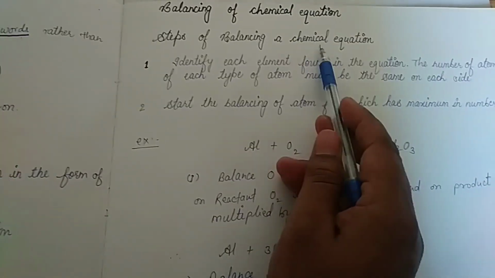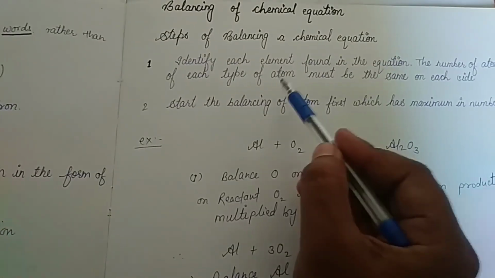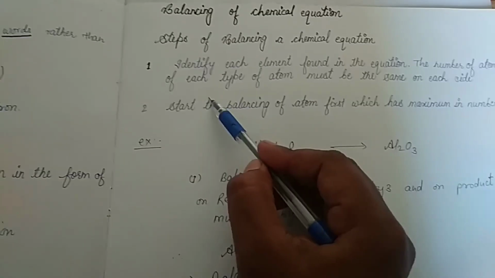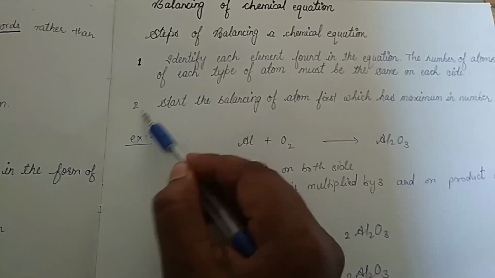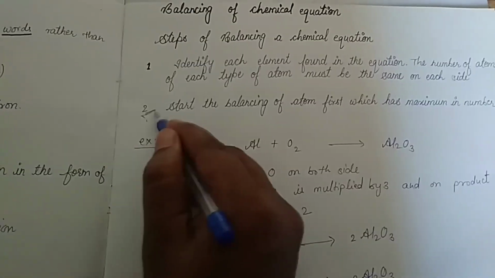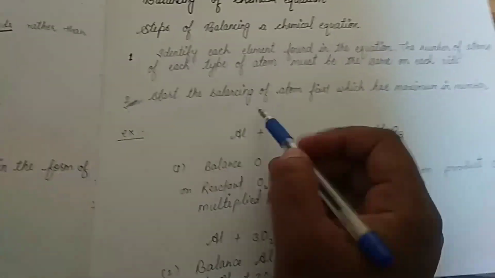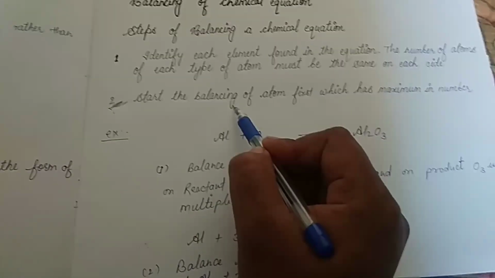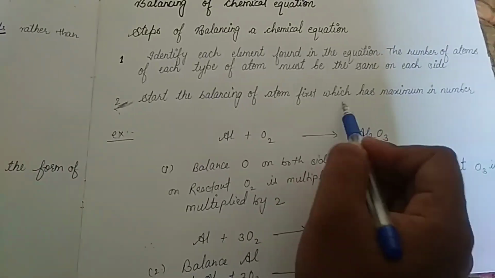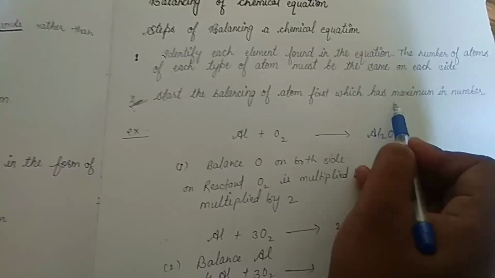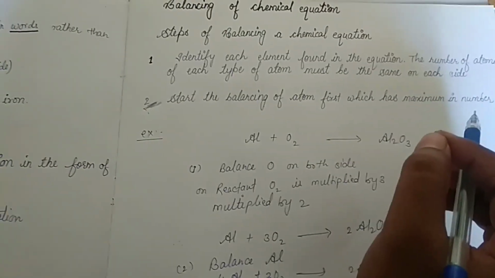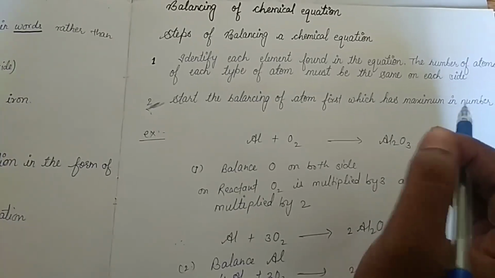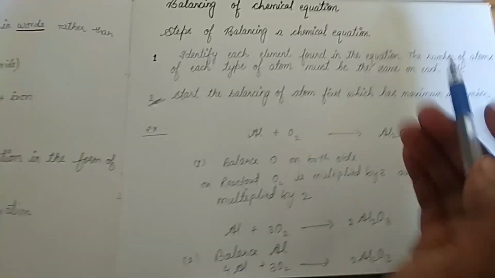Balancing a chemical equation means the number of atoms on the reactant and product sides must be the same. This is very important, children. Second step: start balancing the atom which is maximum in number, either in reactants or in products.